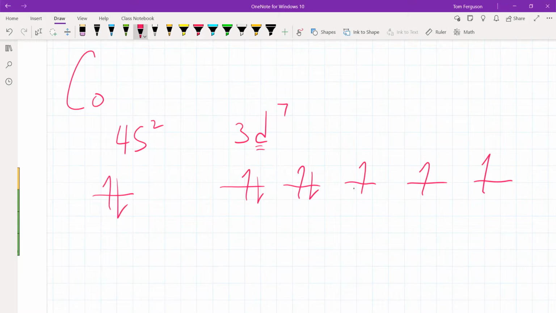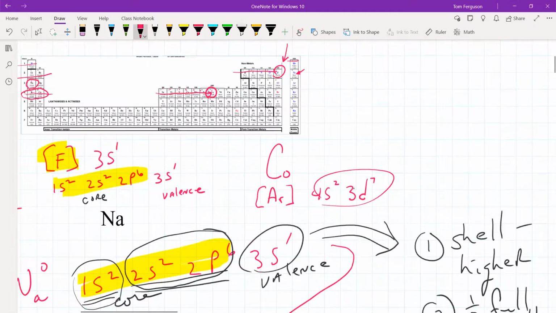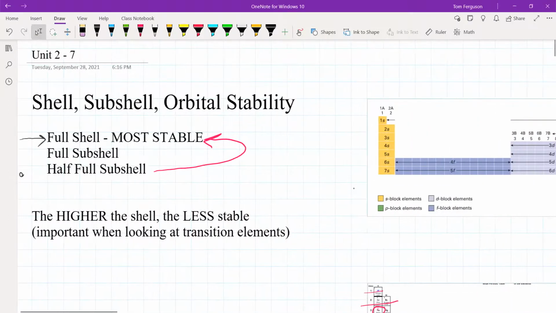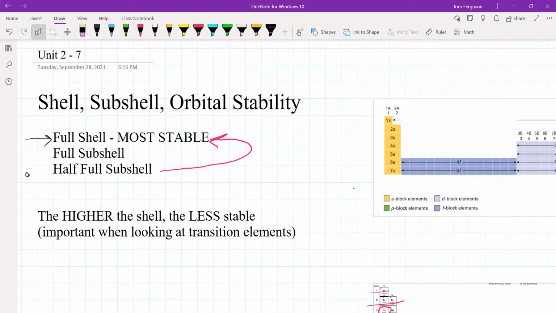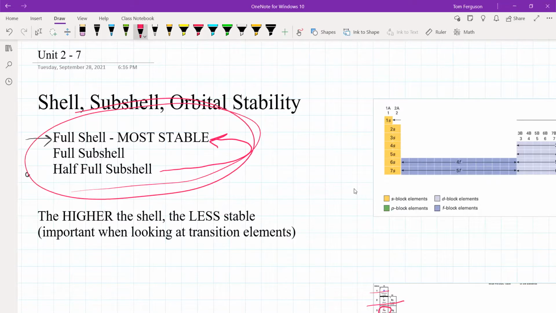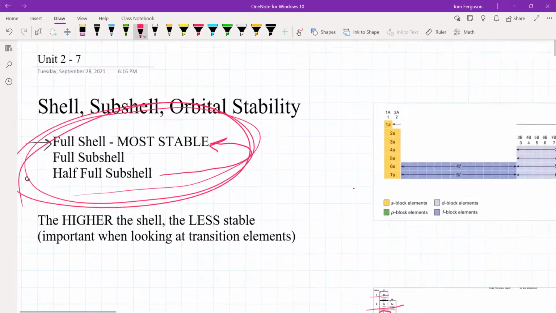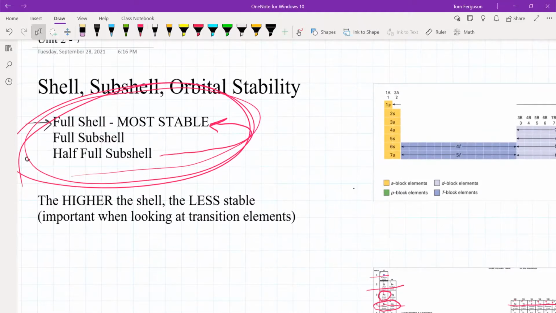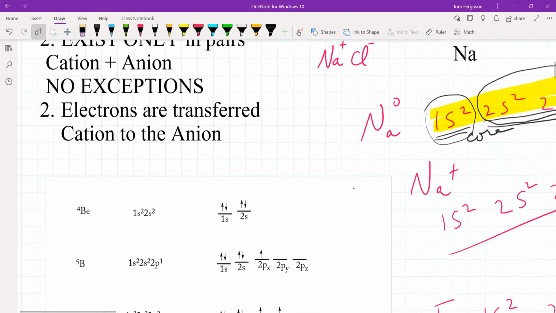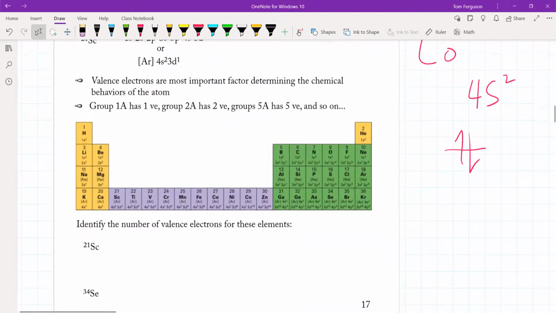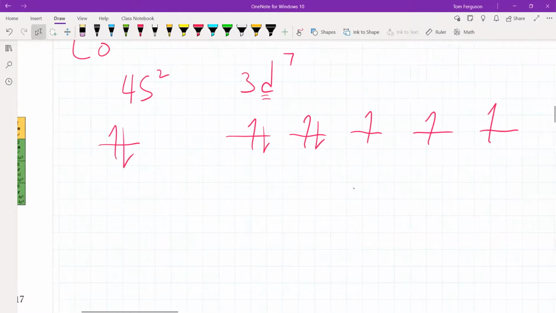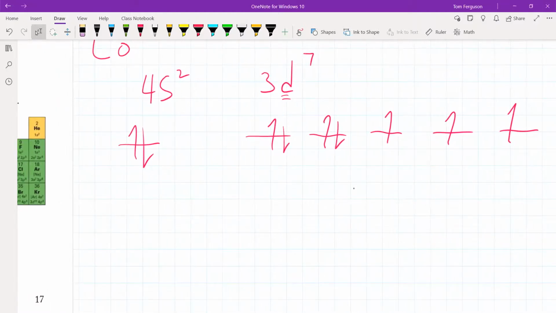We want to now remember, keep these in mind. In other words, full shell, full subshell, half full subshell are the most stable. Now, neutral cobalt is none of those. So you mentioned one thing, by adding 3 electrons would give us a full subshell.